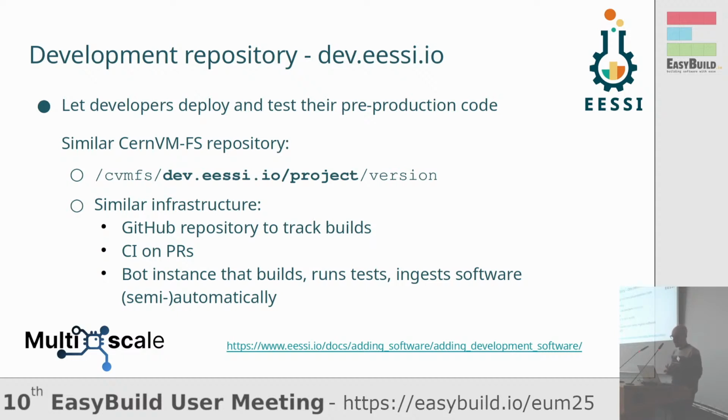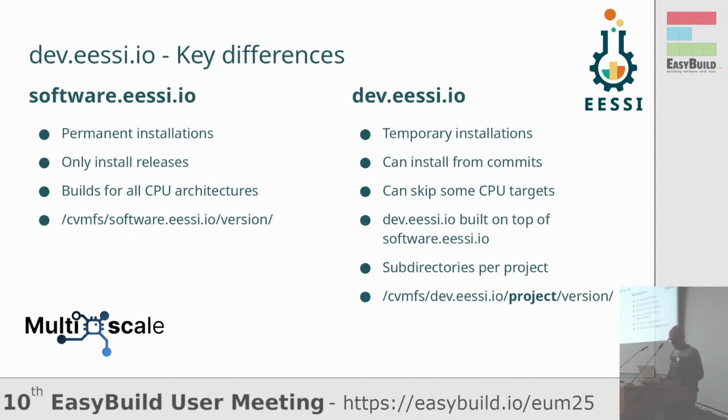We can have CI on the pull requests, and it's exactly the same instance of the bot that is running on the production build that is triggering the builds, ingesting the software. We still maintain the same final approval process of when something gets ingested or not. But in terms of triggering the builds, the process and everything else is pretty much the same.